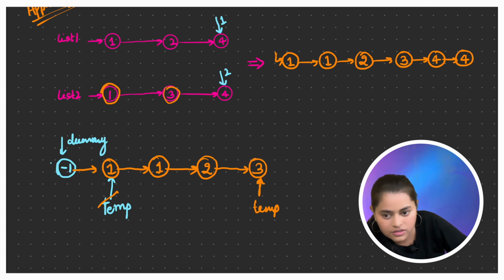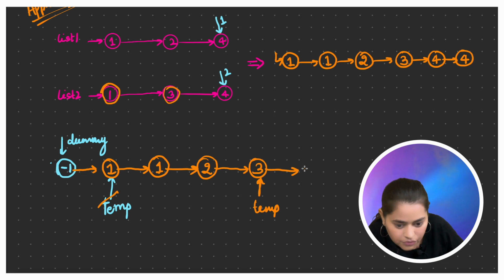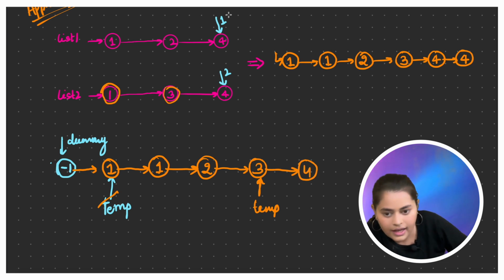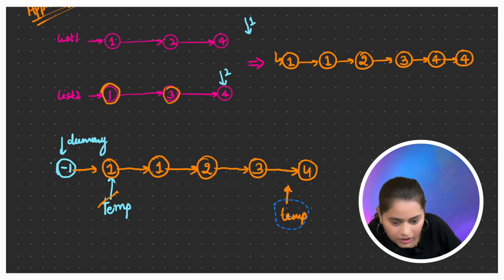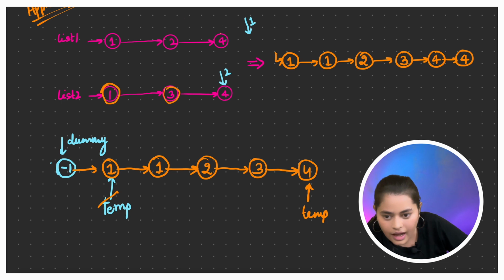Again both the pointers are at 4, so we can take any of the nodes, right? So let's take this 4. Let's append 4 to temporary dot next and increment our pointer 1 to this and the temporary pointer to this, right? Again at this position our pointer 1 has become null.